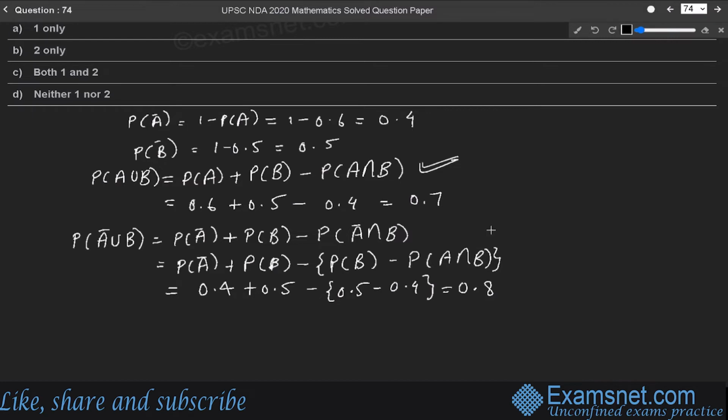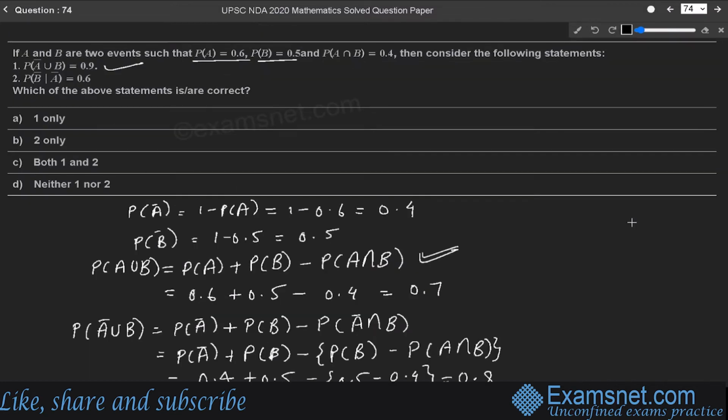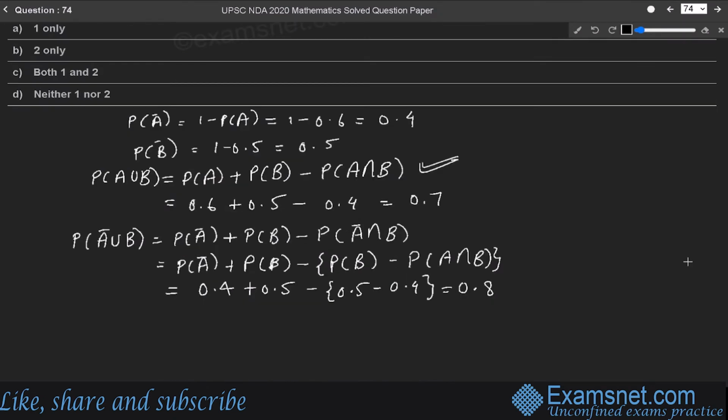So we can say that statement 1 is not correct because statement 1 says that P of A bar union B is 0.9, but the correct value is 0.8. So statement 1 is not correct.